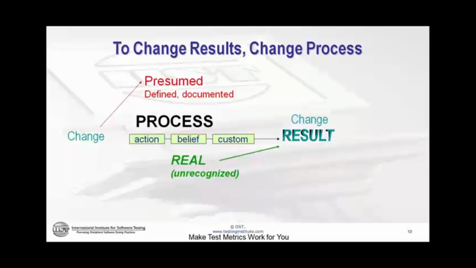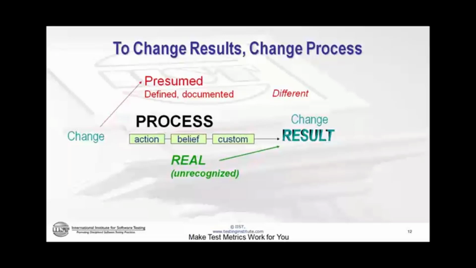And if the presumed process is different from the real process, so the presumed process could be the same as the real process, but often it is not. And often the presumed process is not actually producing the results that we want to change.